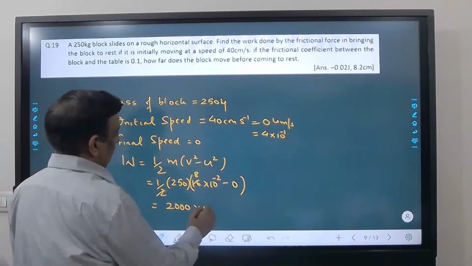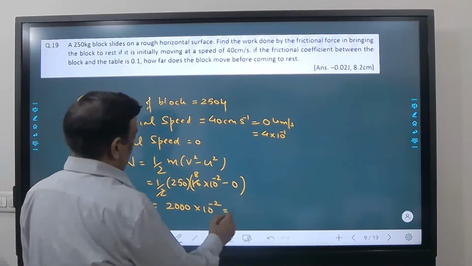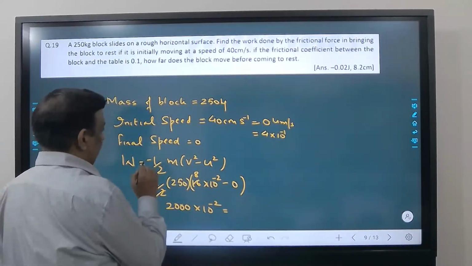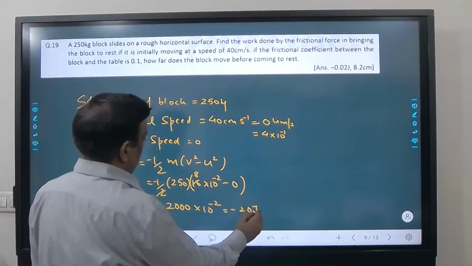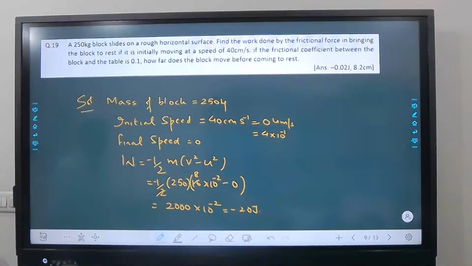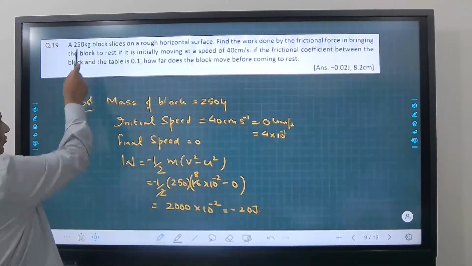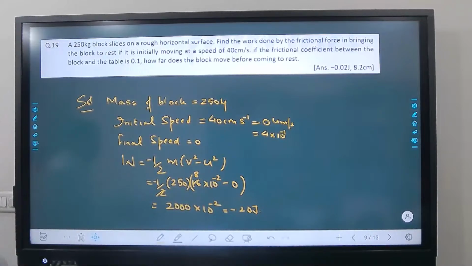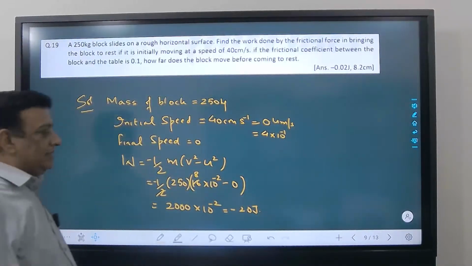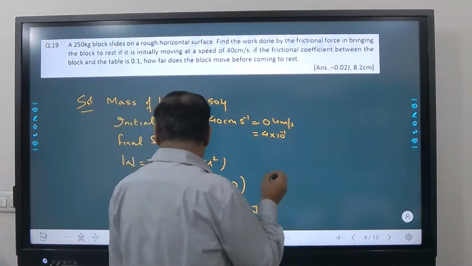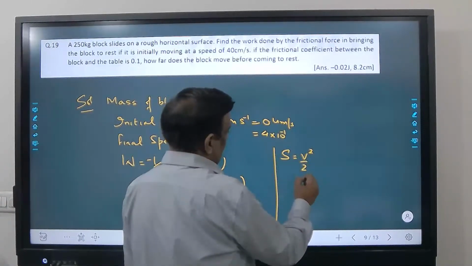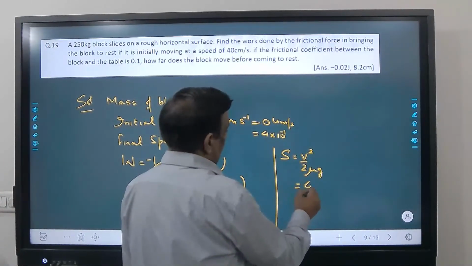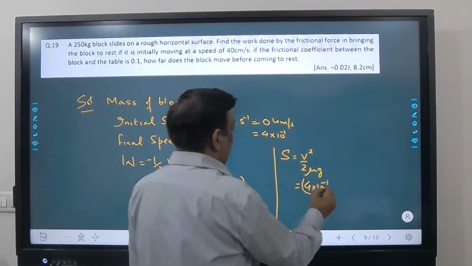Into 10 raised to power minus 2. And then negative में आ रही है वैल्यू. So minus 22 आ रहा है. मे भी इसमें करेक्शन होगी जो मास 250 kg दिया है मे भी 250 ग्राम तो हमारा आंसर मैच कर जाएगा. इन कितना डिस्टेंस ट्रैवल करके बॉडी रुकेगी. You can use the formula of stopping distance. 4 into 10 raised to power minus 1 का square.